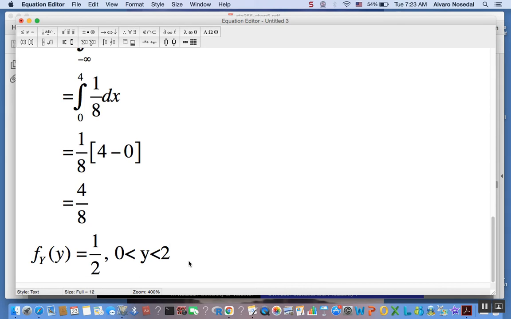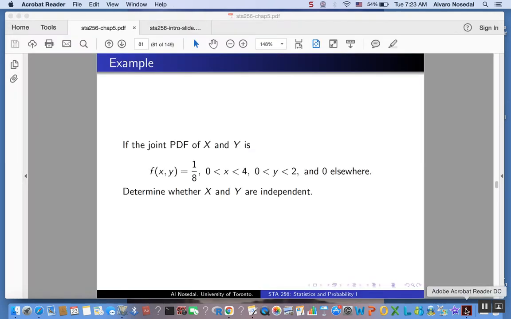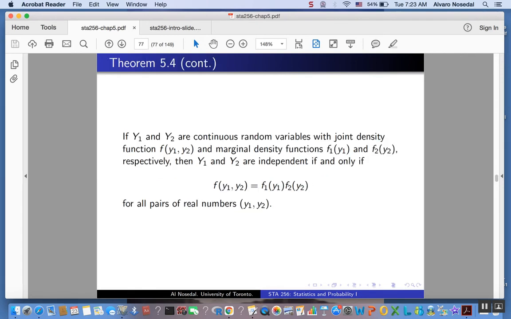Okay? But now, we said that we wanted to talk about independence, right? So we have that the definition is, well, not the definition, this theorem that is going to allow us one way of showing independence: if we can express the joint as the product between the marginals, then the random variables in question are said to be independent.